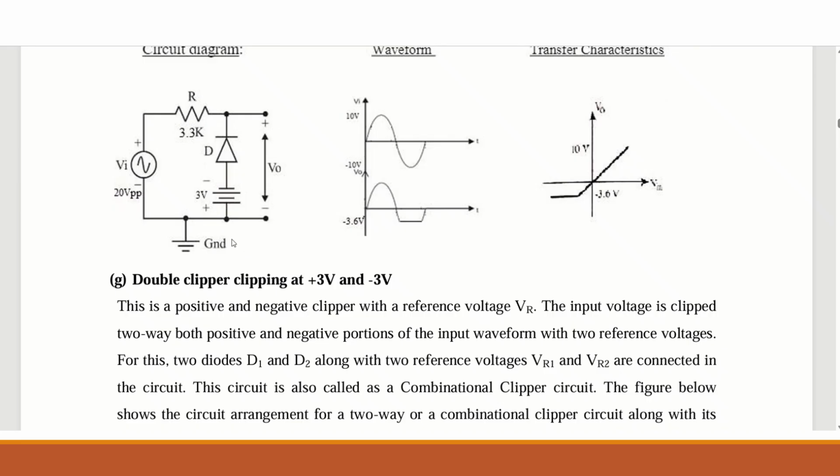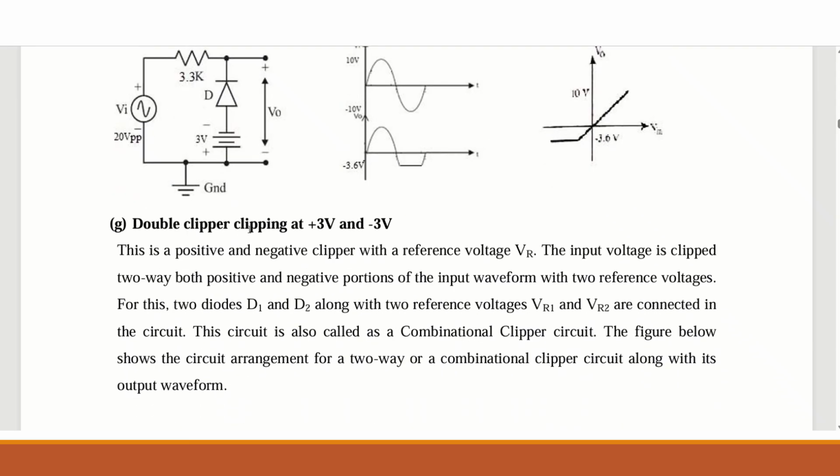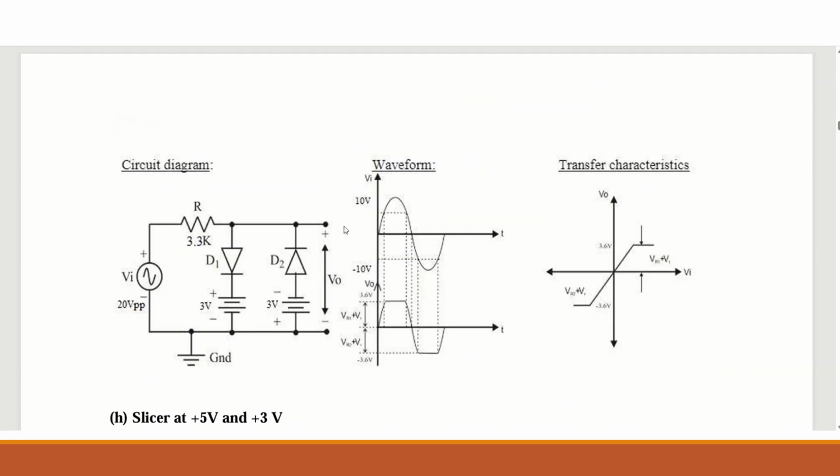Likewise, the combination of positive clipper and negative clipper we can call a double clipper. Double clipper with biasing potential plus 3 volt and minus 3 volt. This part individually we can call a positive clipper, and the second part a negative clipper.